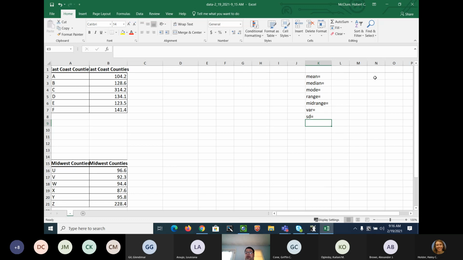And the 5-number summary, I'll put it right here. 5-number summary. And that's going to consist of the mean, the first quartile, the second quartile, third quartile, the max, and we also use the mid-range for the number line.